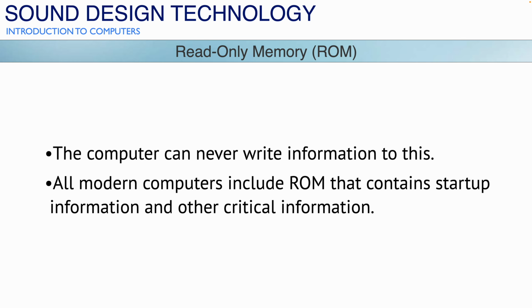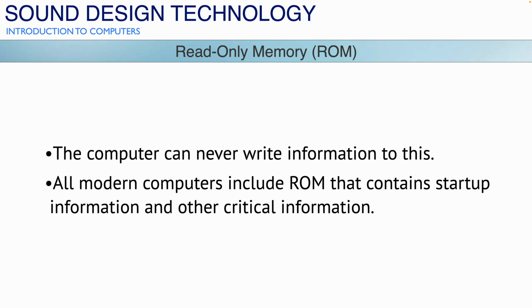All computers have some kind of ROM in them, and this contains just the most basic information it needs to start doing anything. It's like you turn it on and the chip is like, hello, you are a computer. And then it says, look here for your next instruction. That's basically what's in the ROM.